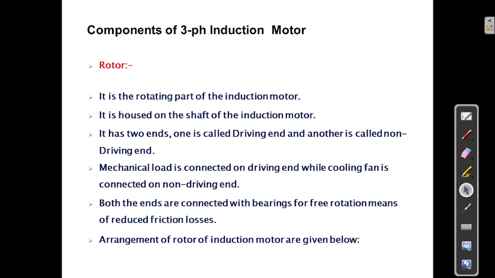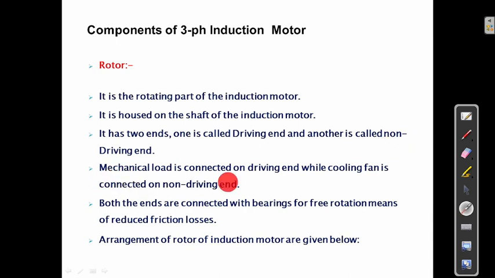Then we will go to see the rotor. This rotor is the rotating part of the induction motor, whereas the stator is the stationary part. It is housed on the shaft of the induction motor. This rotor has two ends: one is called the driving end and another is called the non-driving end.